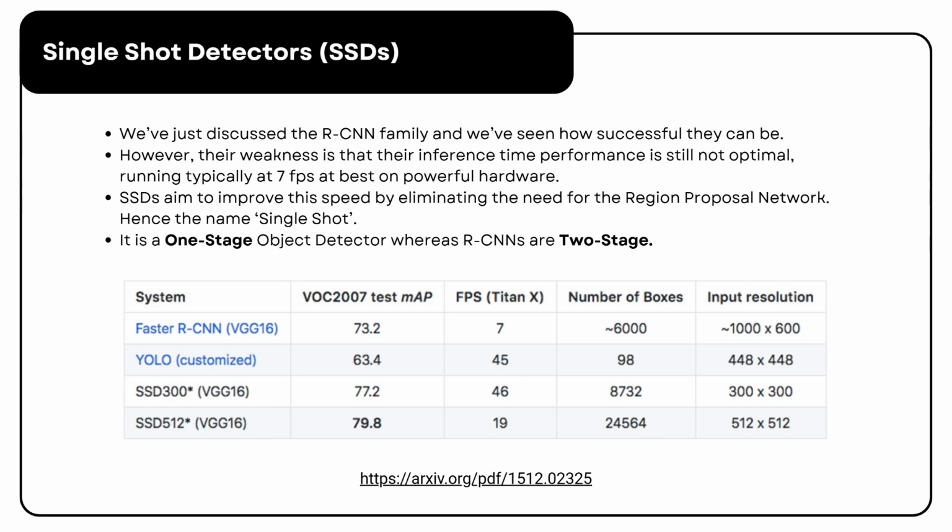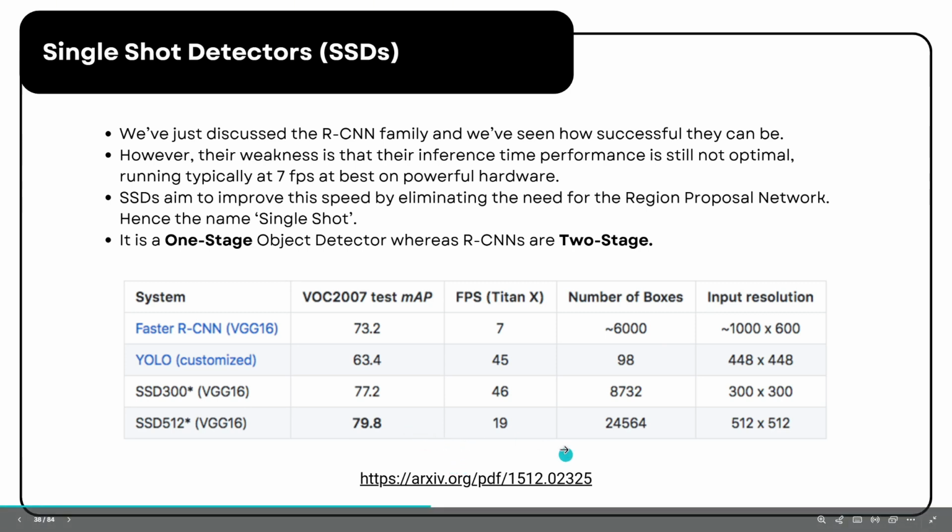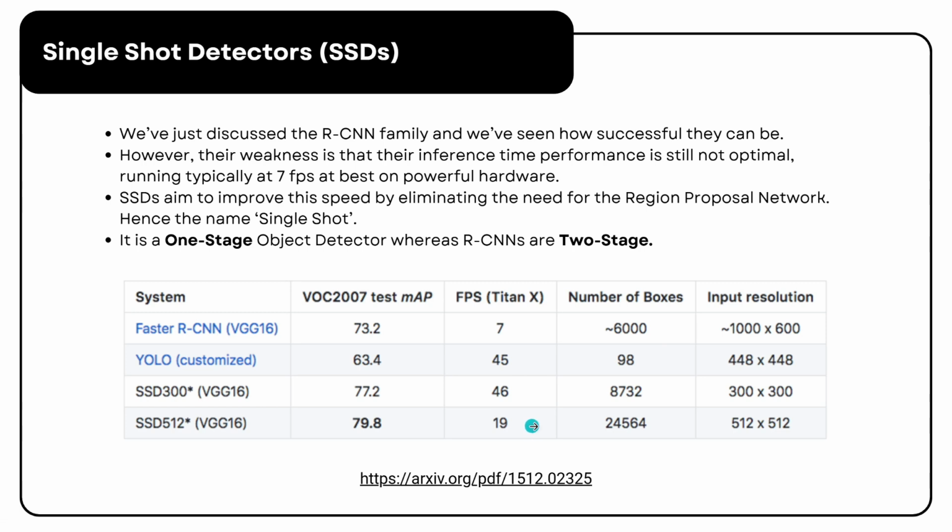It has 79.8 mAP at a slight cost to its speed, with a frame rate of 19, compared to Faster RCNN with 73.2 mAP but only 7 frames per second.